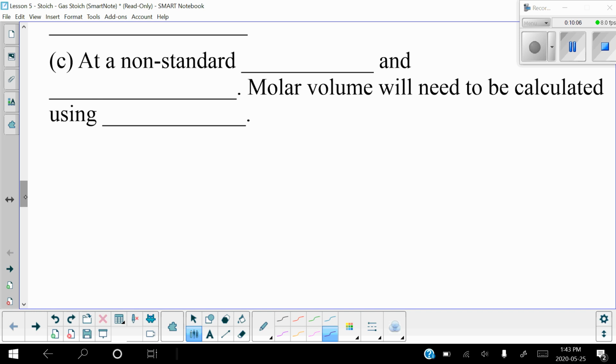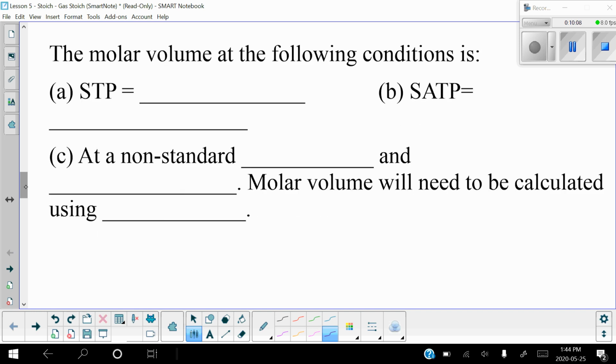Let's review some of our molar volumes here. At STP, our molar volume is 22.4 liters per mole. At SATP, our molar volume is 24.8 liters per mole.